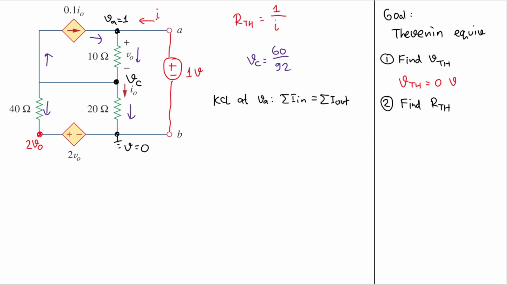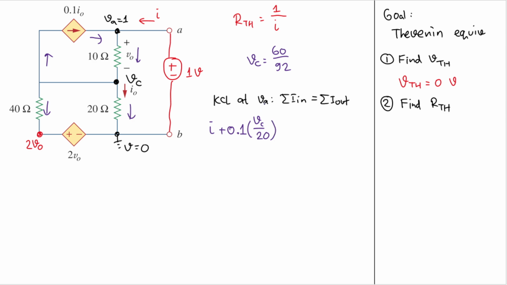The current that goes in is I, and this also goes in, so I will have plus 0.1 IO. IO is VC over 20.